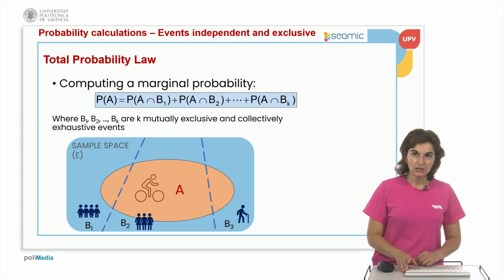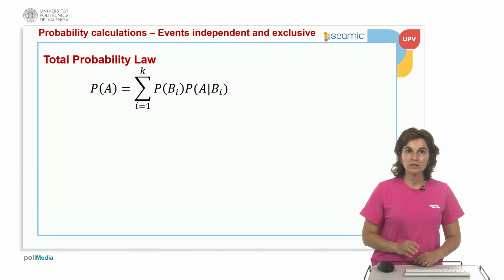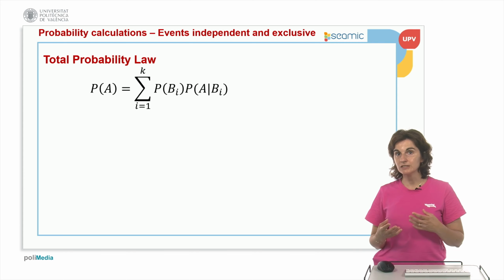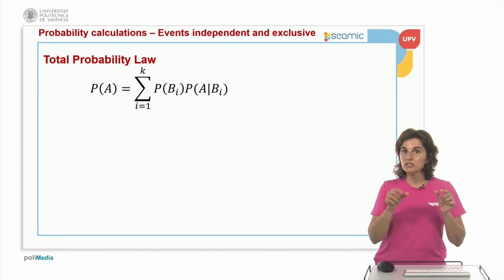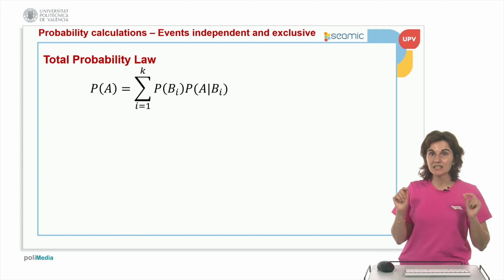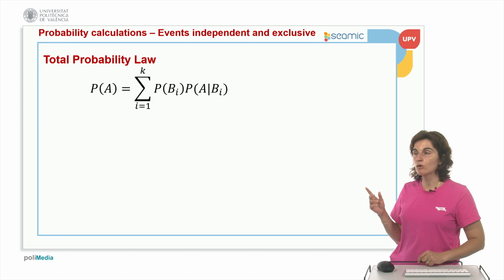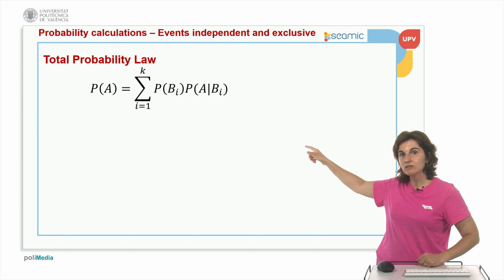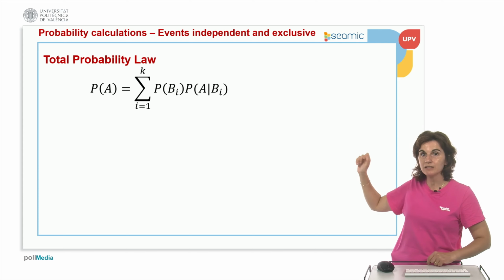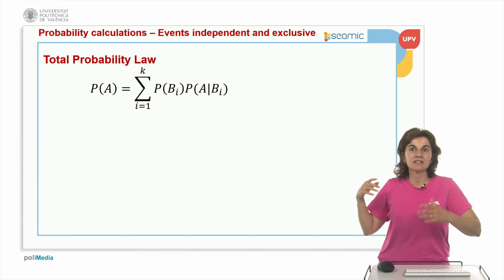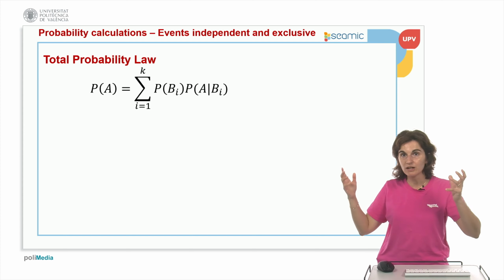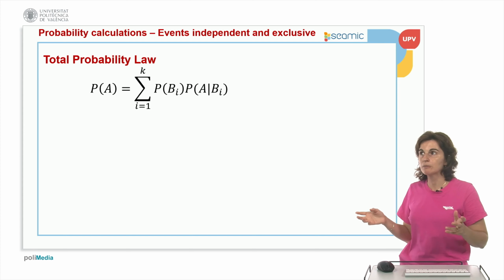But also, if you remember the relation between the joint probability and conditional probability, you know that each of these terms that are defined as joint probability can be expressed as the marginal probability of B1, B2, B3, that means the marginal probability of being less than 18 or being between 18 and 35, it's not defined, it's just for the example.